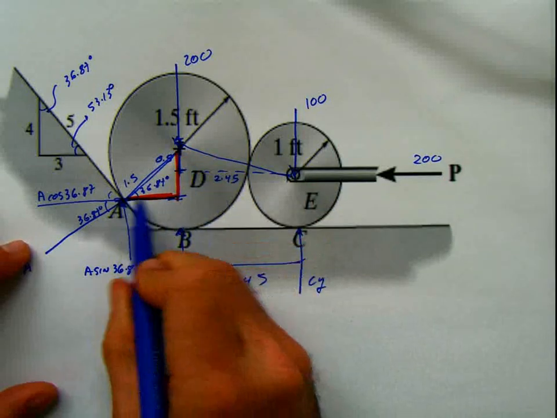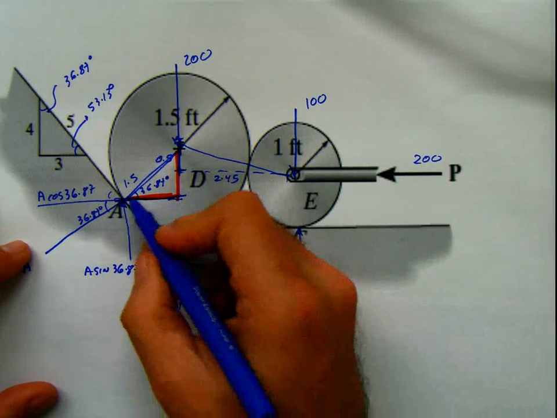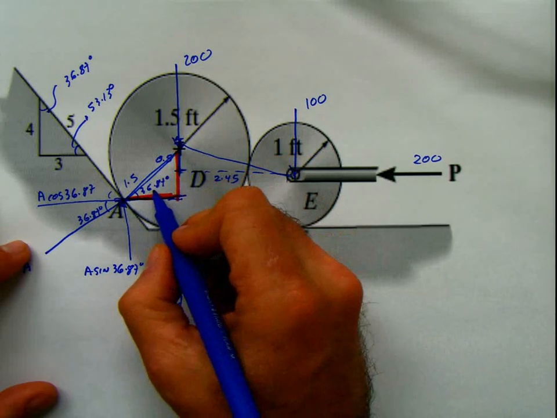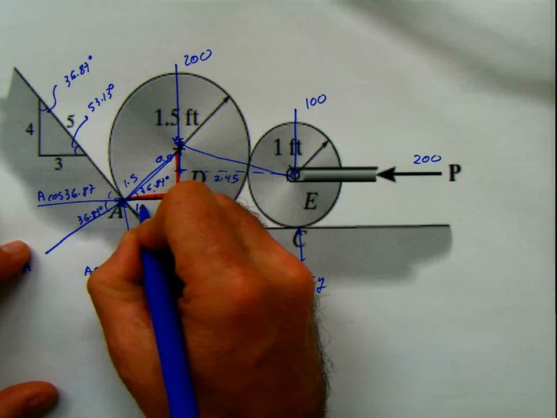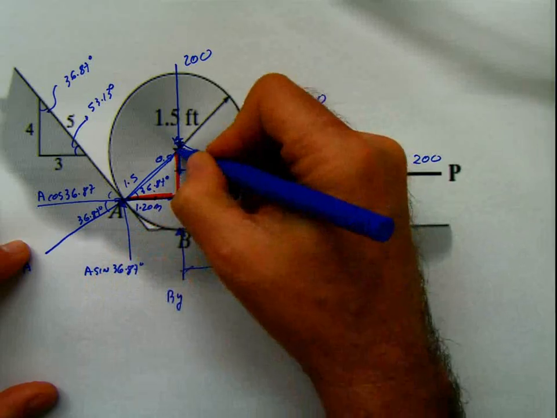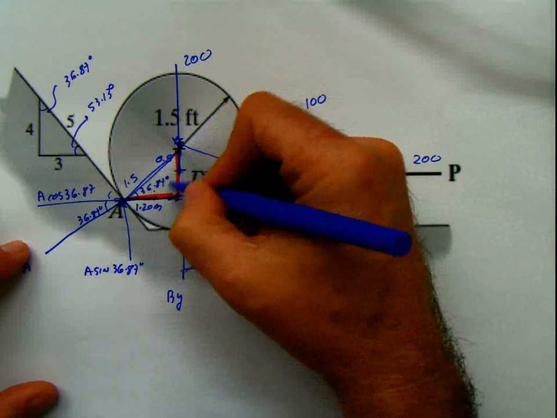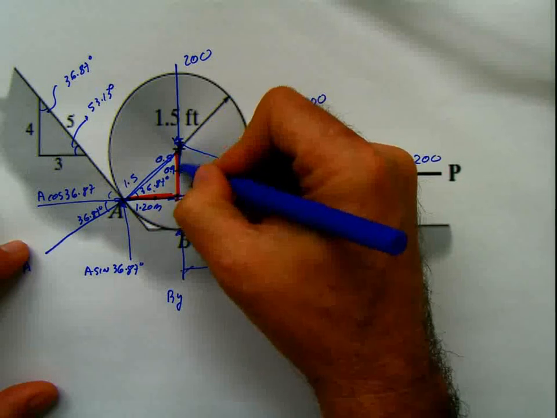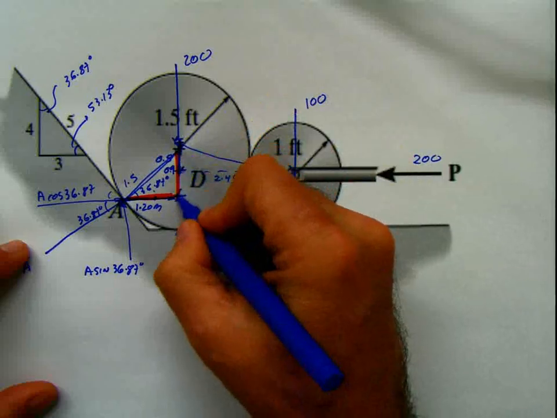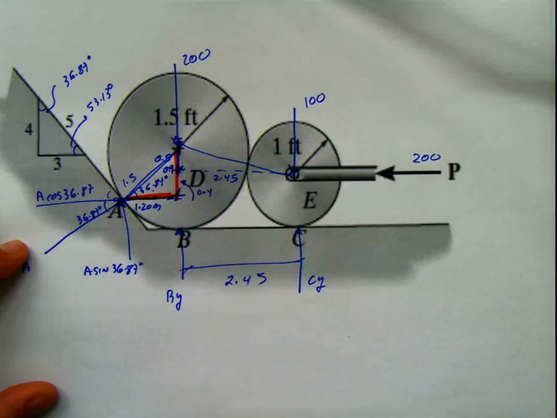So basically, this component here, or this distance, is going to be 1.5 times cosine of 36.87, which is 1.20 meters. And the total red distance here is going to be 1.5 sine 36.87, which is 0.9. And I knew before this is 0.5, meaning the distance from here to here is 0.4. I told you it's a lot of geometry.